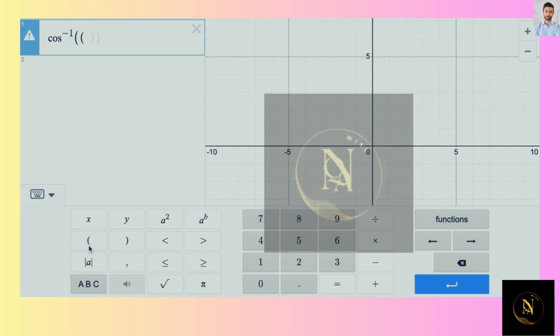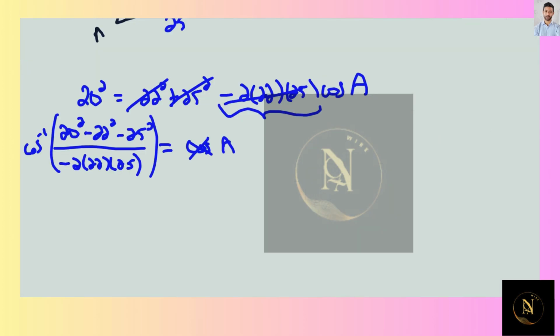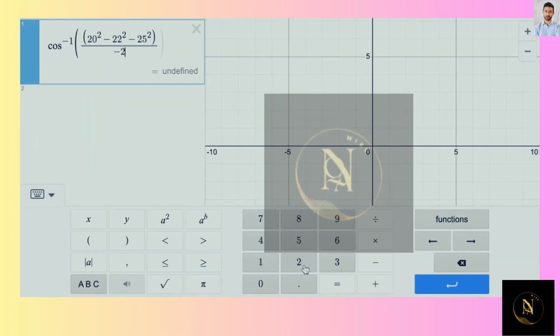You just need a first set of parentheses here. So again, we said 20 squared minus 22 squared minus 25 squared. And then in the denominator, we've got negative 2 times 22 times 25.